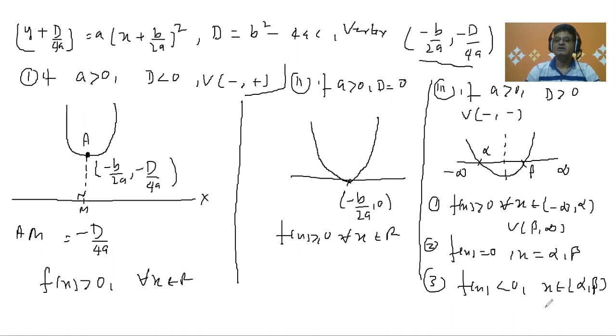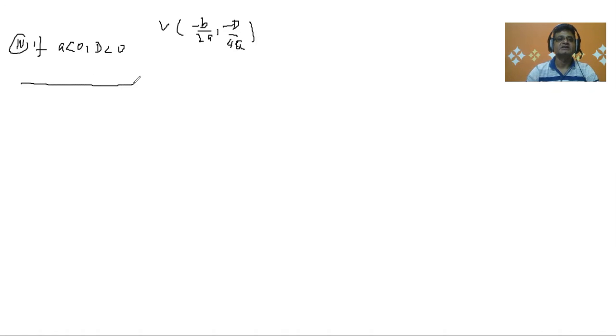Now we'll go for the fourth case. Here the vertex was minus b by 2a and minus d by 4a. In this case, when a is less than 0 and d is less than 0, we can see that it is like this. Why?